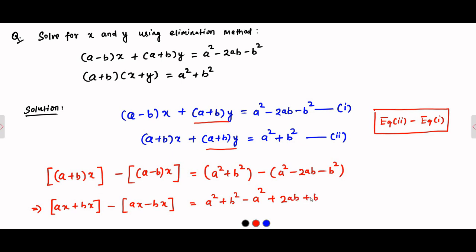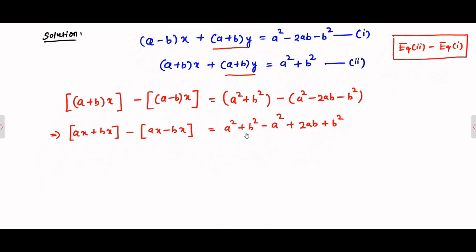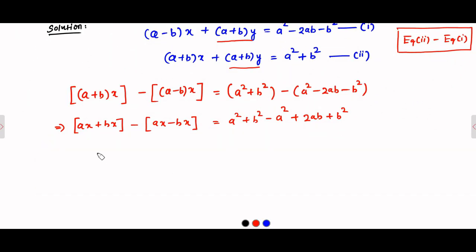That implies ax + bx - ax + bx, opening the bracket, we have here a² + b² - a² + 2ab + b². So here ax minus ax gets cancelled, a² minus a² gets cancelled.